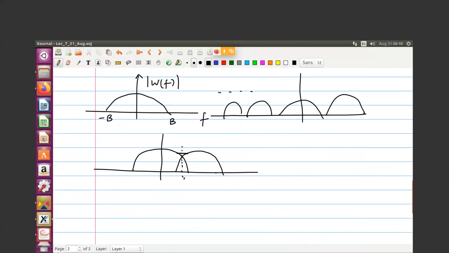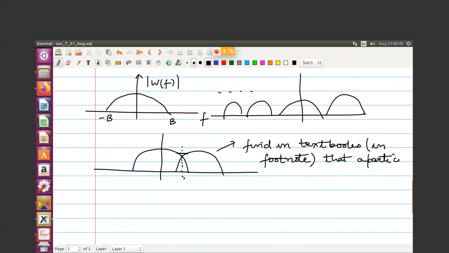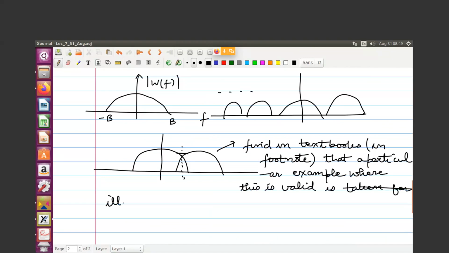So you will find in textbooks, in a footnote, that a particular example is taken where this is valid. This is taken for illustration.